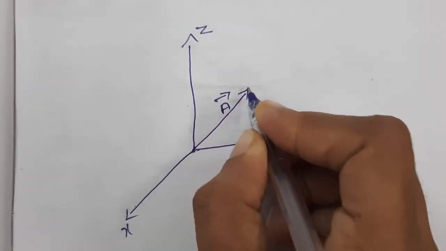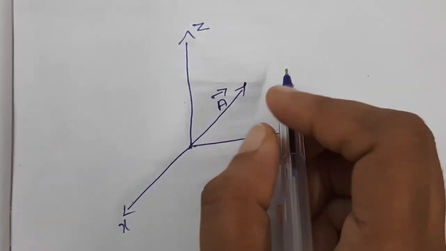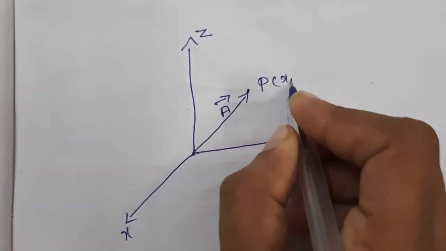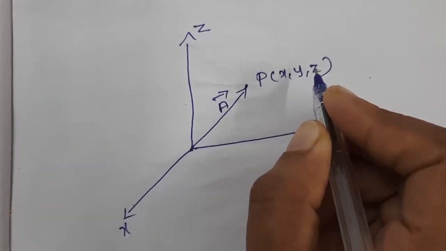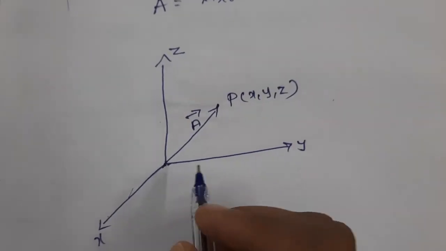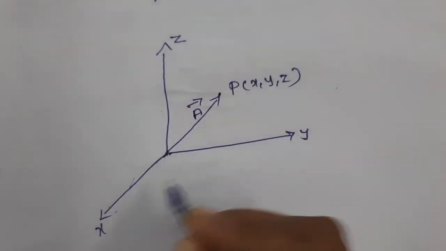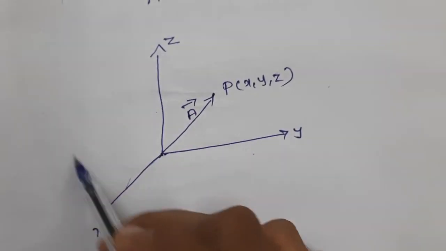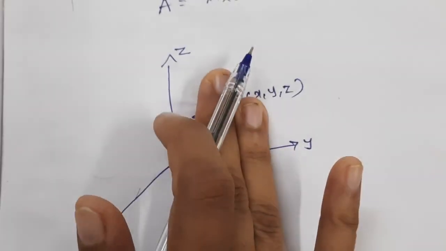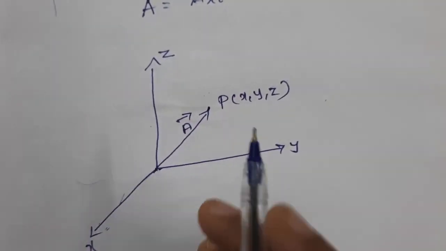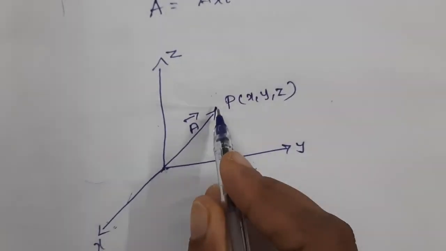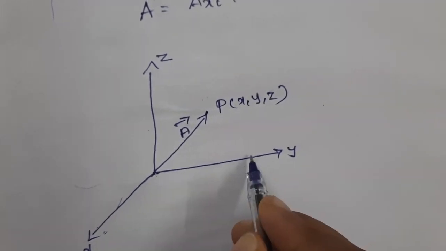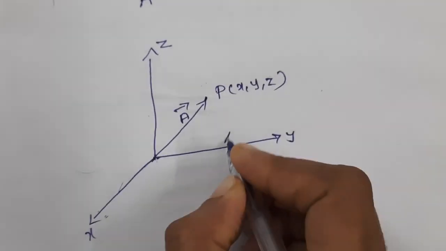Let us see, this is the position of the particular object, P of x comma y comma z. Here first you consider the xy plane. This is the xy plane, this is the yz plane, this is the xz plane. So the A vector component along the y-axis is Ay.